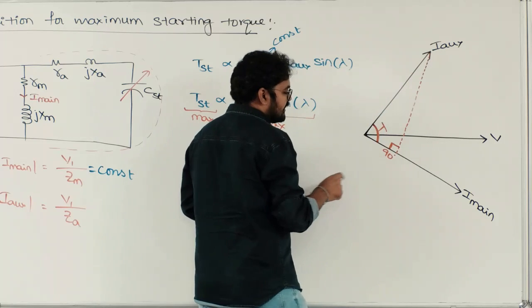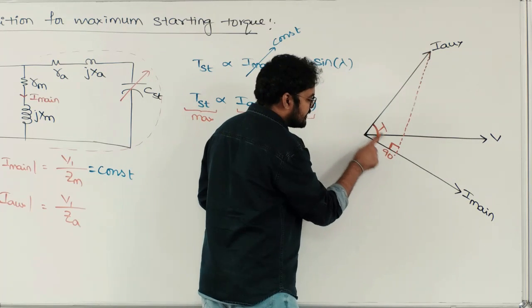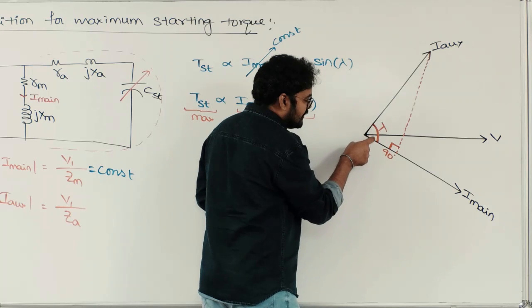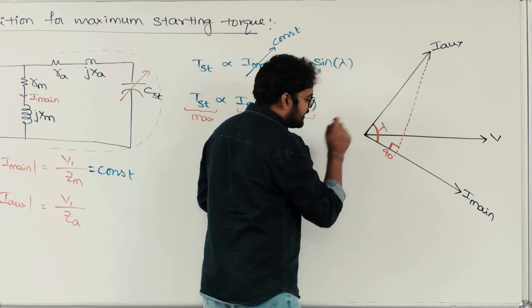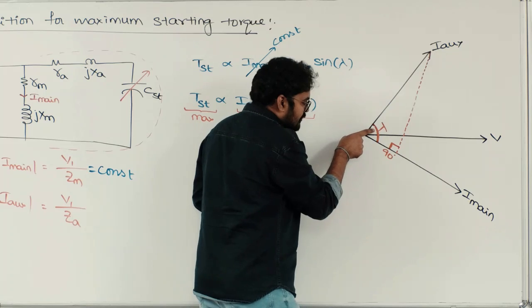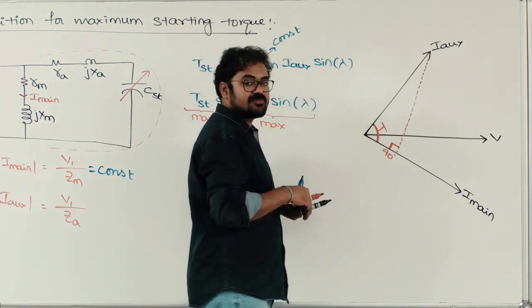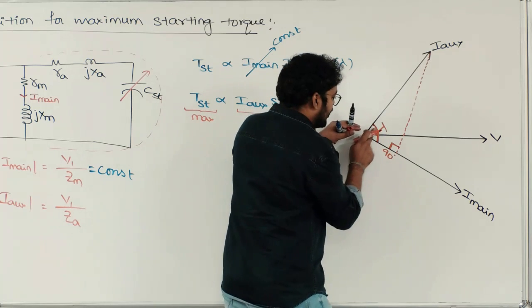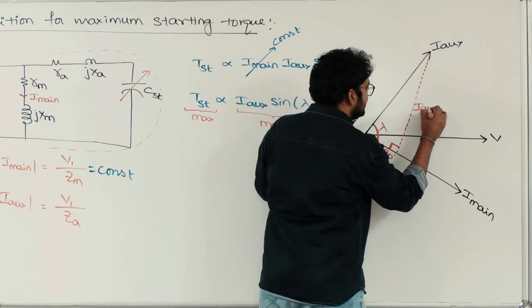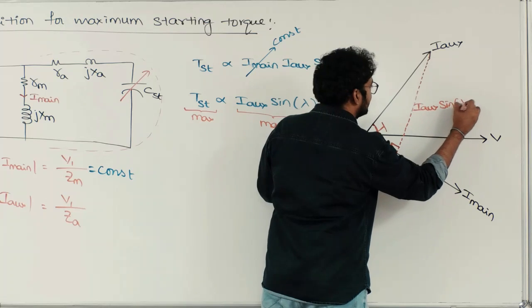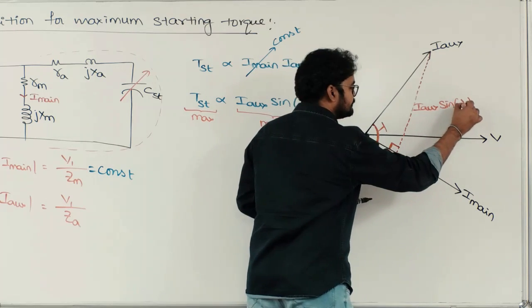In this right angular triangle there is a 90 degrees here. This is angle lambda. Next, what is the opposite side of this angle lambda? That will be a sine product or cos product? Sine product. Therefore, opposite to this lambda I can write I auxiliary sine lambda indirectly. Isn't it?